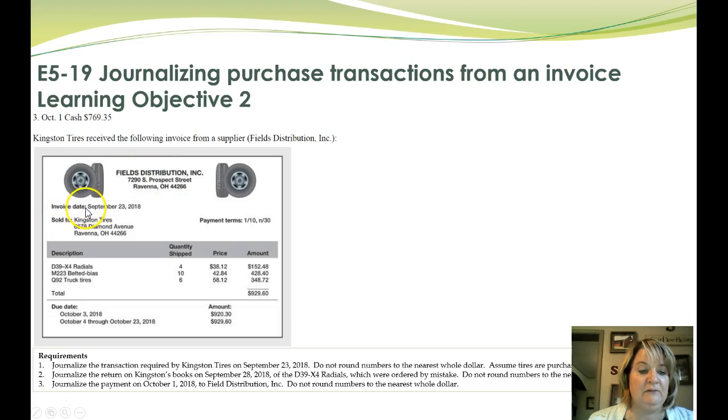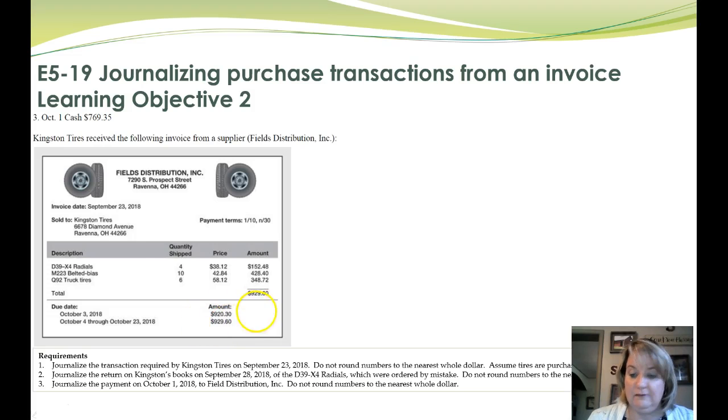Gives all of this information, the date, sold to, the payment terms, net 30, gives the description of what was sold, how many was shipped, the price, and the total amount. When they were due, the due date with the discount, and if it's paid on this date, without the discount.